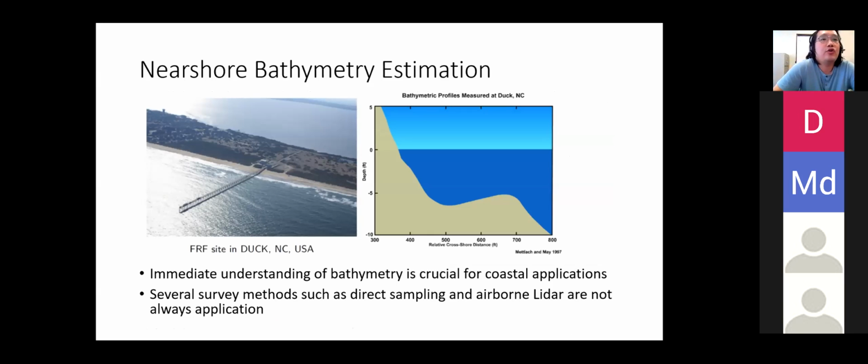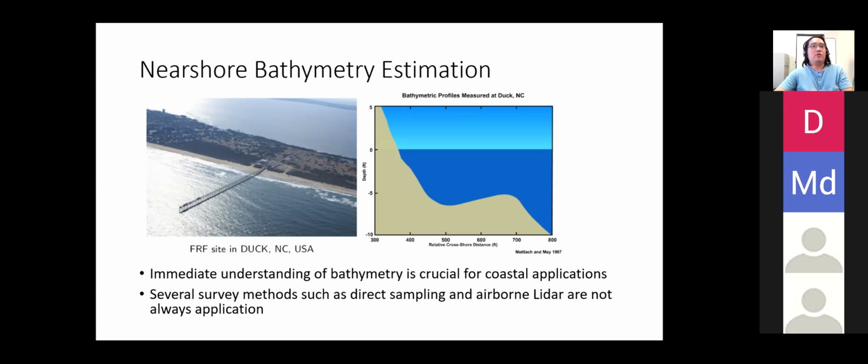Given some wave characteristics of the surface near the shore, can you identify the elevation of the bottom topography of your ocean or surf zone? That's crucial for coastal applications like army or navy operations, and also shipping operations. You probably want to know the bathymetric profile.